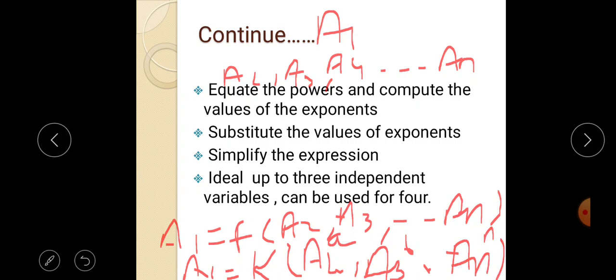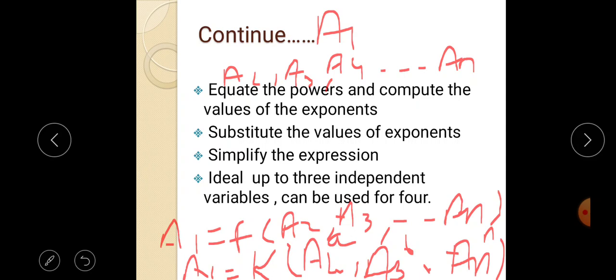We can write it in an exponential form where k is the dimensionless constant. Now after writing in exponential form, the dimension of each of the quantities A1, A2, A3, A4, An are written, and the sum of the exponents of the functional quantities on both sides are equated.